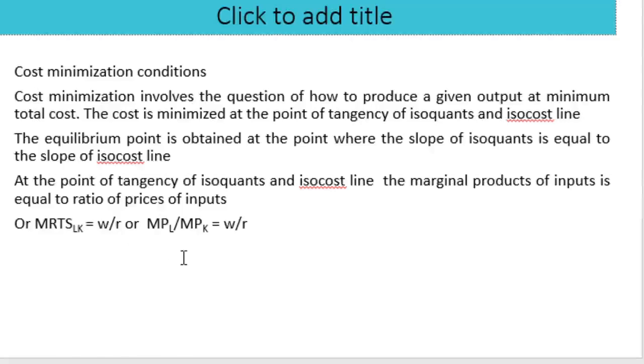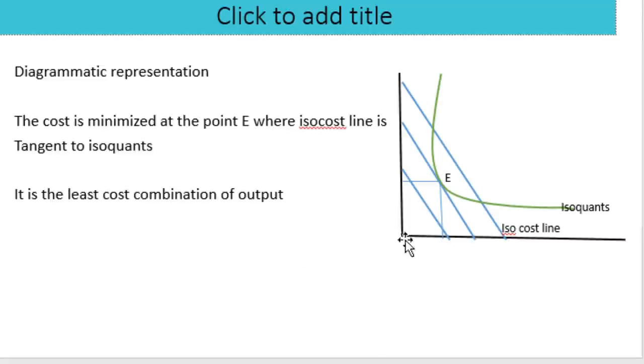That is, MRTS of L for K equal to MPL by MPK, that is equal to W by R. This is the cost minimization condition, and this can be graphically proved.